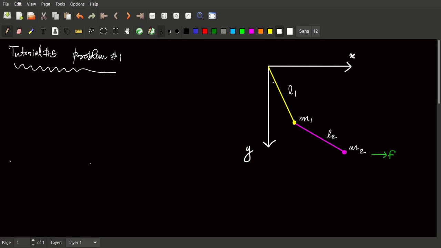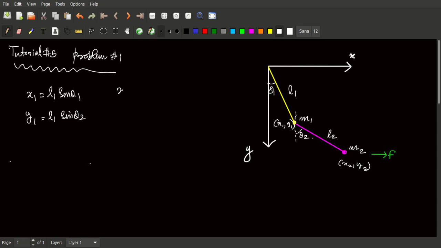So here we have this as the theta 1 angle and this angle is theta 2. Okay, so look at the coordinates of this one. Let's call this coordinate x1 and y1, and this x2 and y2. You can clearly see we can write x1 as L1 sin theta 1, y1 as L1 cos theta 1.